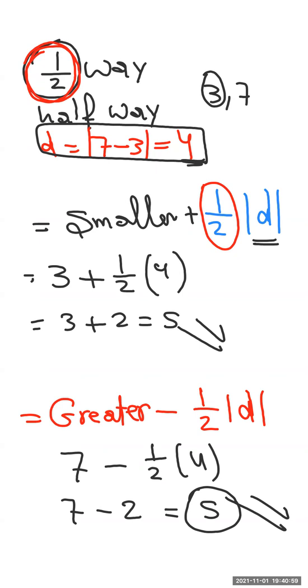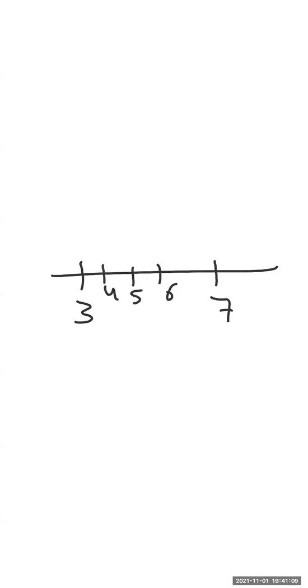You know why? Because if this one is 3 and this one is 7, and here 4, 5, 6, then the number in the middle between them is 5. From the side of the smaller, it's 5. From the side of the greater, also 5, because it's in the middle. So it doesn't matter from which side, right?